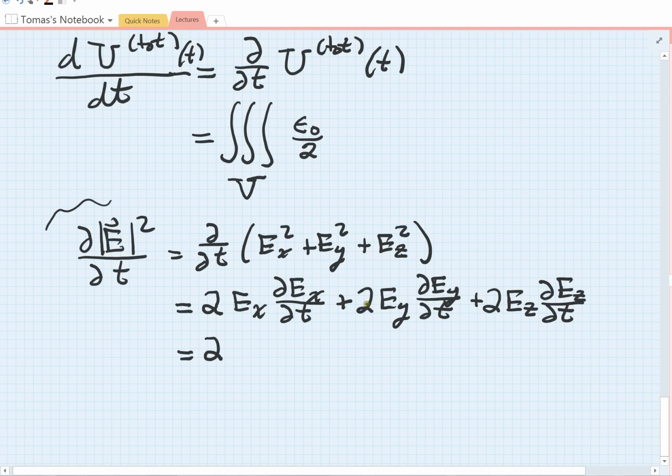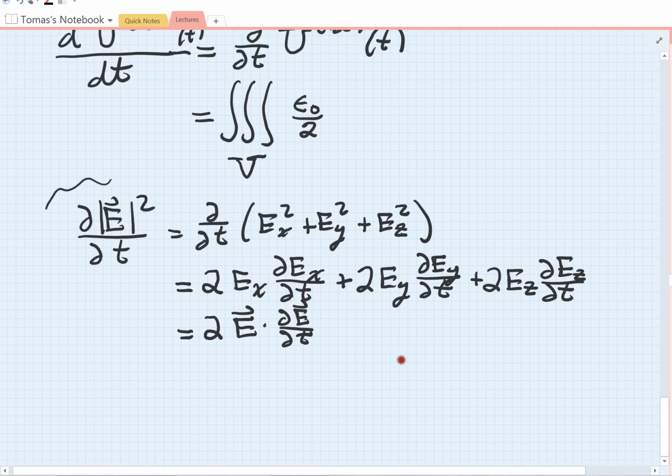So this really looks like a dot product, between the electric field and its time derivative. Because the electric field gives me my components Ex, Ey, Ez, and the time derivative of the electric field gives me my components partial Ex/dt, partial Ey/dt, partial Ez/dt. And then I just have to add those three together, and so I have this result here.